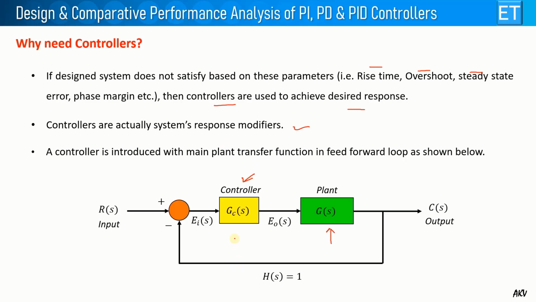So Gc will change the response of this transfer function G(s), and by inserting this Gc(s), we get an overall transfer function of this plant or system, and then we check its output for different inputs. If again we are not getting the response as per our requirement, then we have to tune this Gc(s), I mean the transfer function of the controller, to get the system response that we actually require.